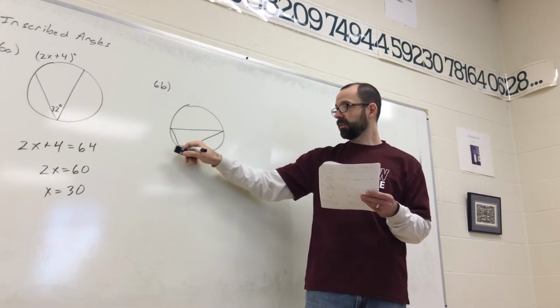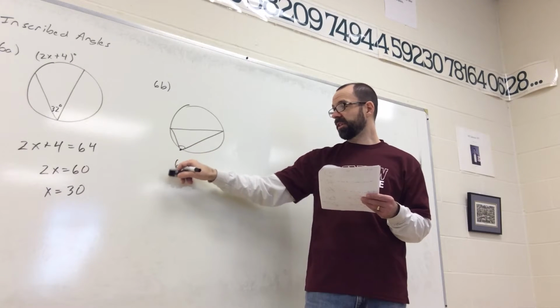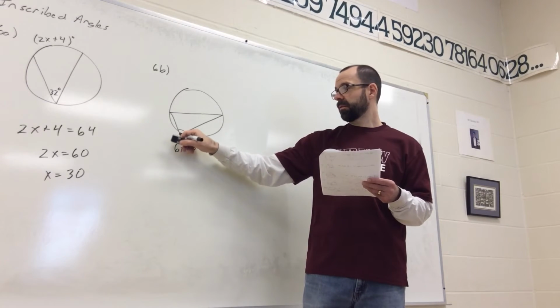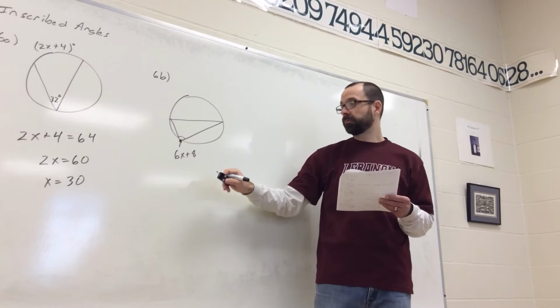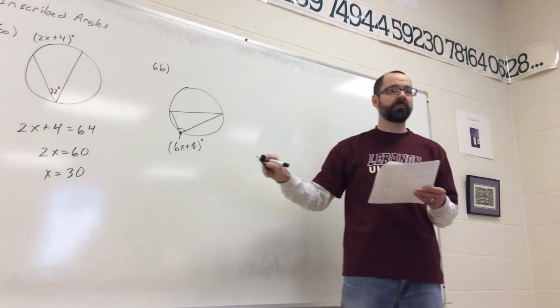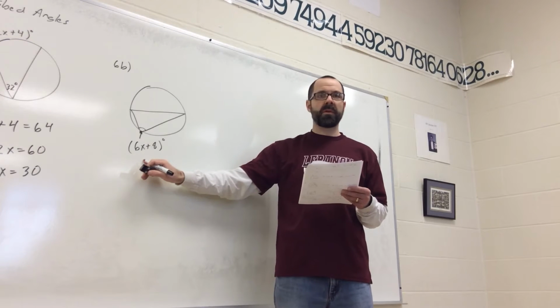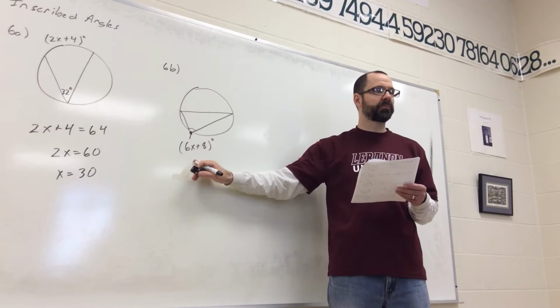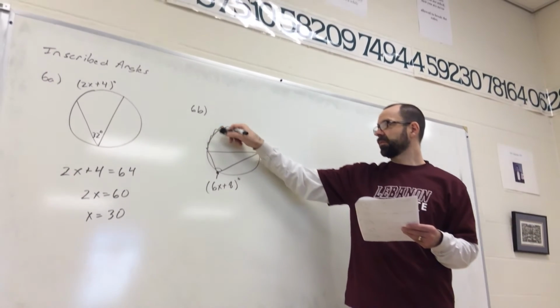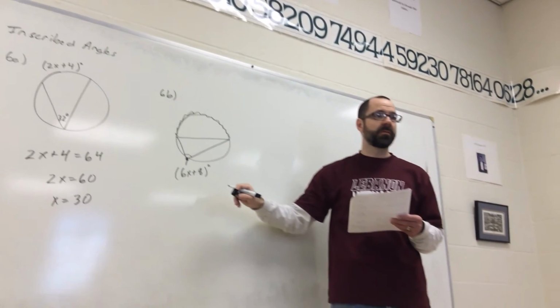This angle is marked as 6x plus 8. And that's how many degrees it is. So what can we do for this one? How many degrees is this? 180, right?